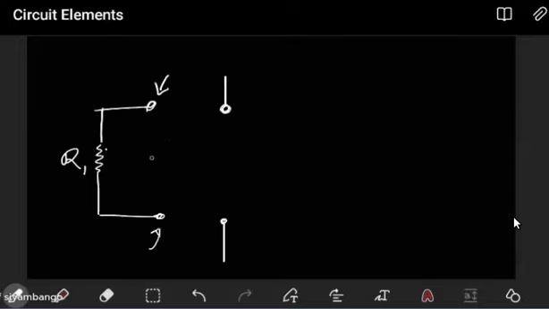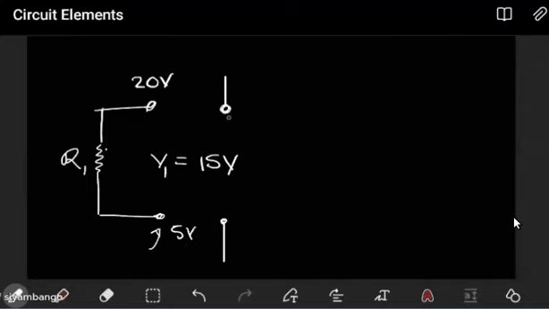That will give us the potential difference across R1. So let's say this is at 20 volts, and this is maybe at 5 volts, it means that V1 is equal to the difference between these two, V1 will be 15 volts. So this is what we have.